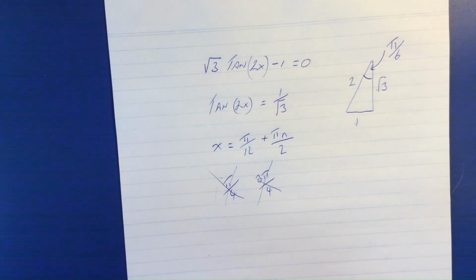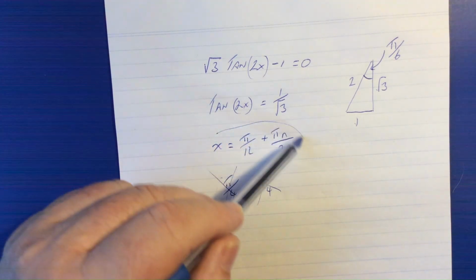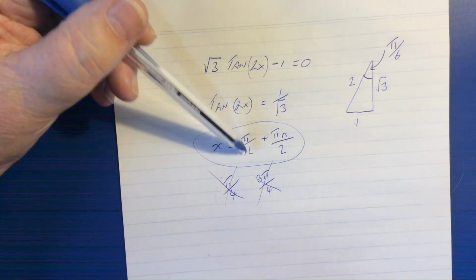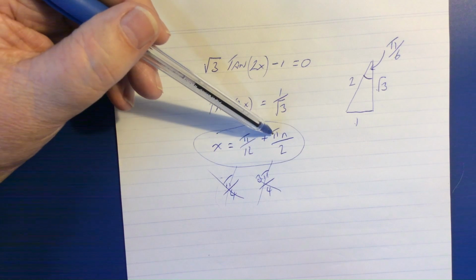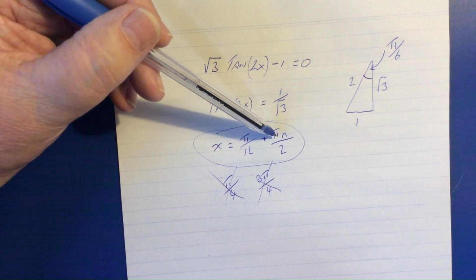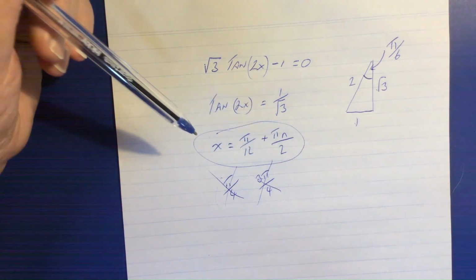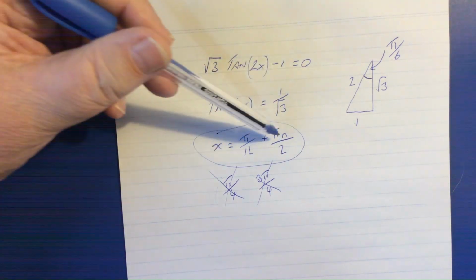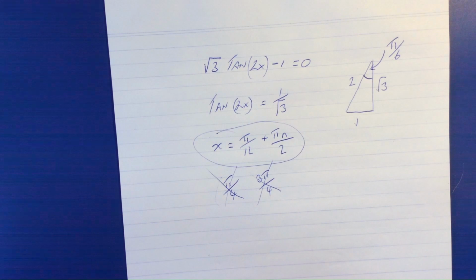So we actually only have one solution for our equation, and it's the one that we arrive at with the tangent. It is this one: x is equal to pi on 12 plus pi n on 2 as a general solution. And of course this will work in the negative direction as well.